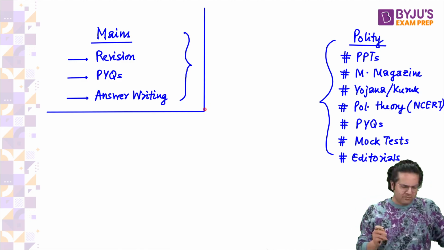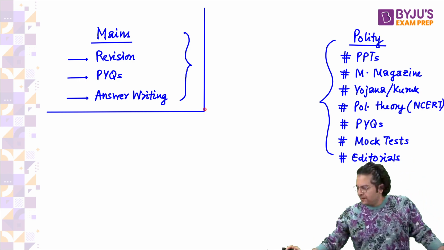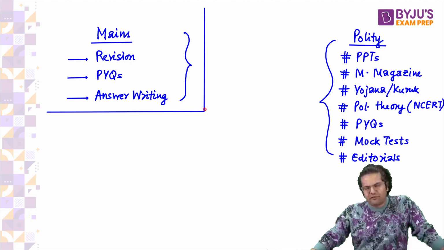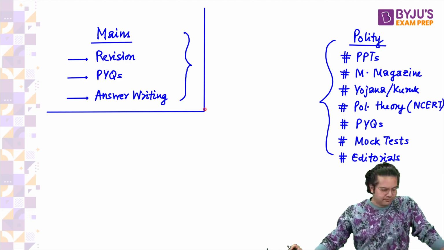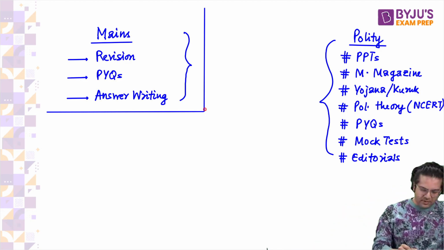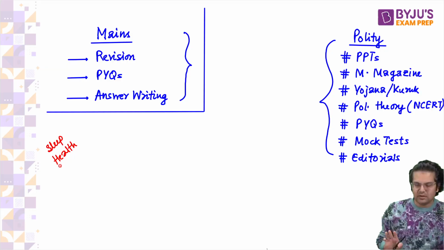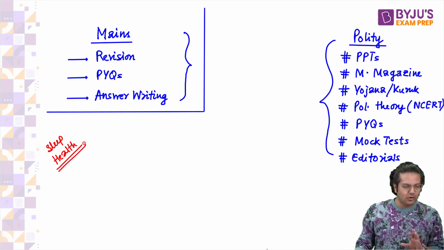Not today, but just to summarize, this examination process is going to be very long. Of course, come what may, please don't compromise on your sleep and on your health. Don't do it. Sleep for at least 7 hours, not less than that.